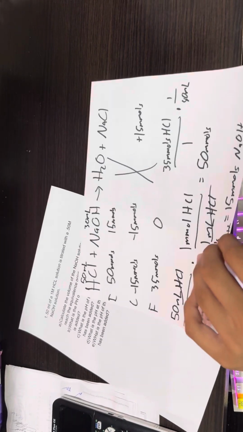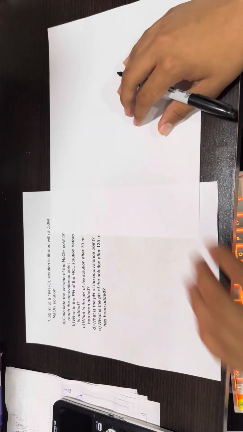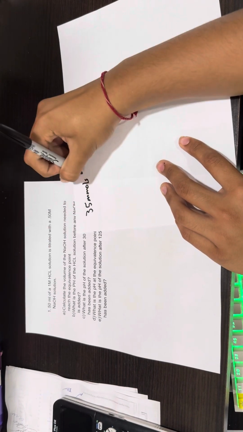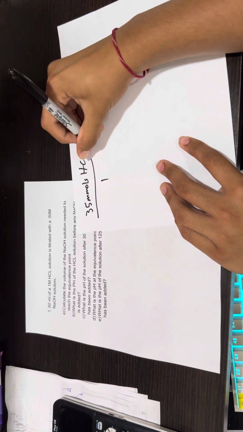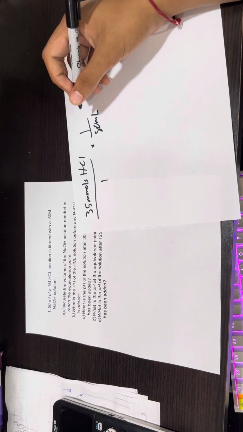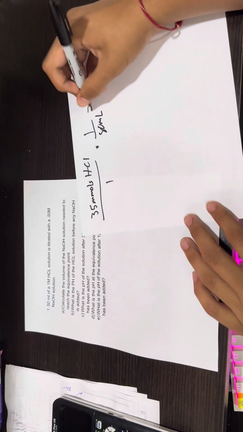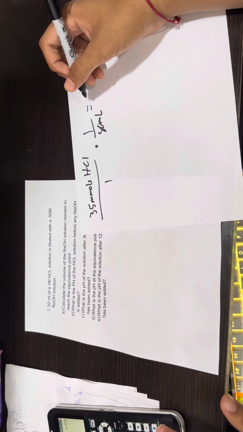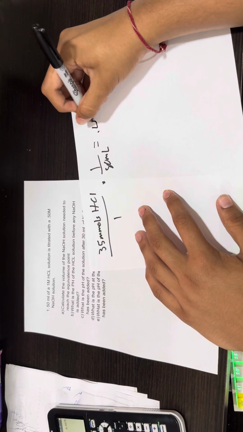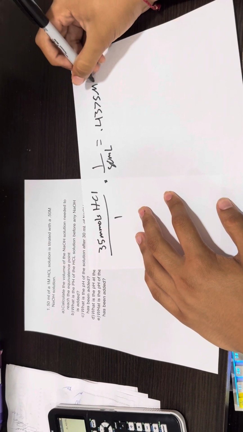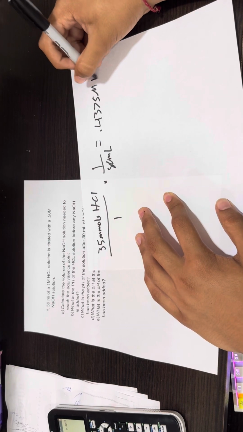So we had 35 millimoles of HCl. We're going to divide it by 80 milliliters, which is our total milliliters of the solution. And what we should get when we do that is 0.4375 molarity of HCl.